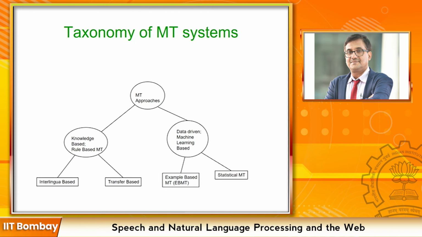Statistical machine translation, for example, showed how alignment is so important. Example-based machine translation showed the importance of analogy and what is called translation memory. Translation memory has been a ruling idea for now 25 years.